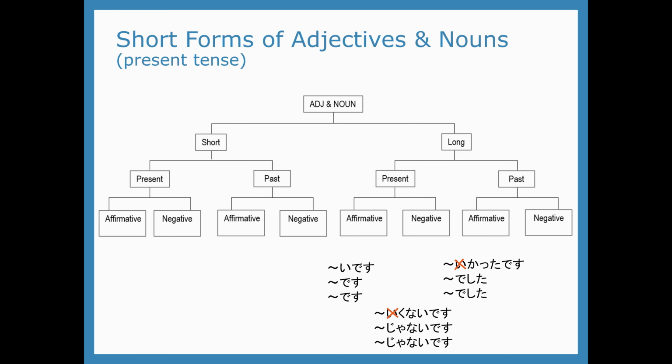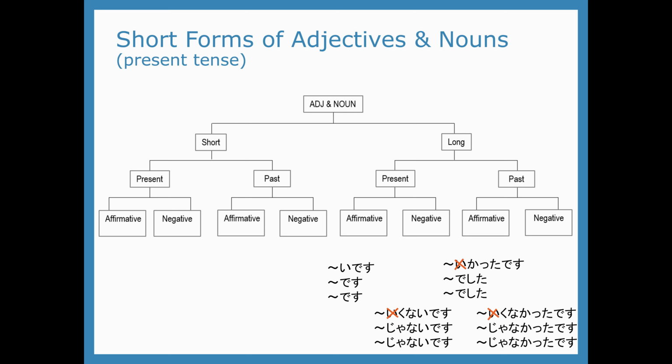Genki deshita. Gakusei deshita. And when we're making them negative past tense, once again, for i adjectives, we drop the i and put kunakatta desu. And for nouns and na adjectives, we have janakatta desu. So, atsukunakatta desu. Genki, a na adjective, genki janakatta desu.